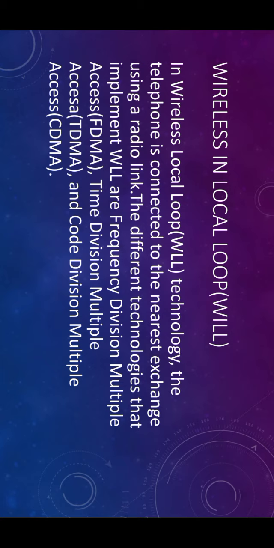The advantages of using WLL technologies are no digging of trenches involved to lay cables. This is beneficial for remote locations. Fewer cable faults as the cables are replaced by a radio link. WLL is cheaper than copper cable connectivity.